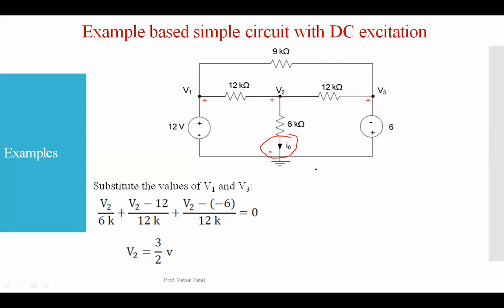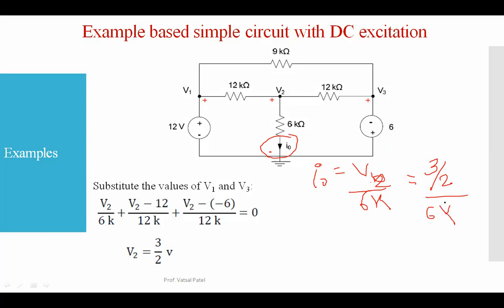Now, the question here is that you have to identify the I0 component. So, for the I0 equation, I0 is equal to what? V2 minus 0 divided by 6 kilo ohm. V2 that we already identified is 1.5 or 3 by 2, divided by 6 kilo ohm.